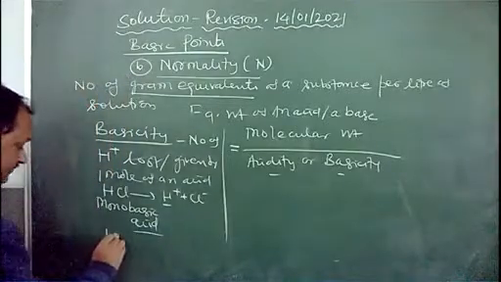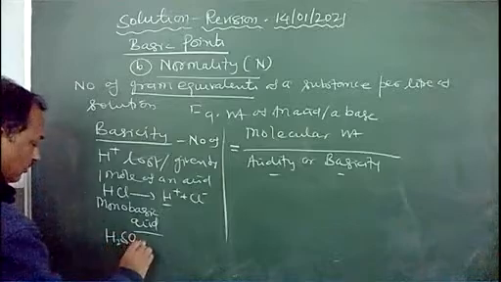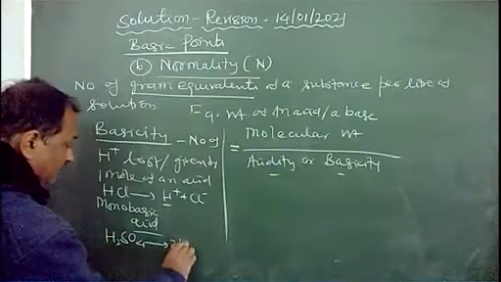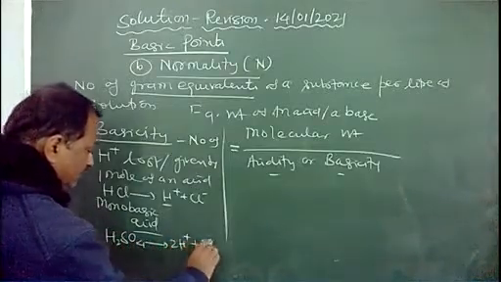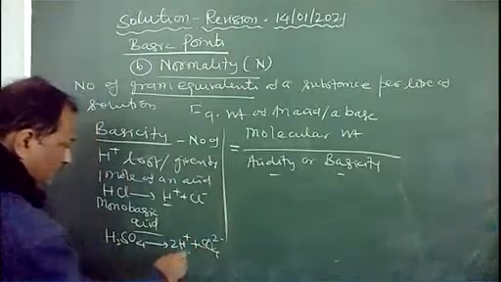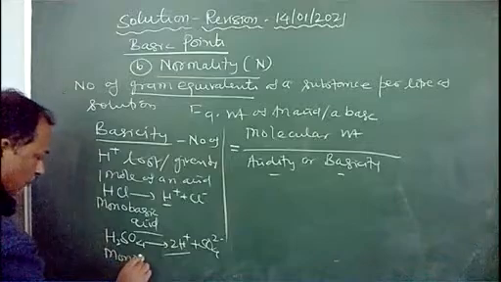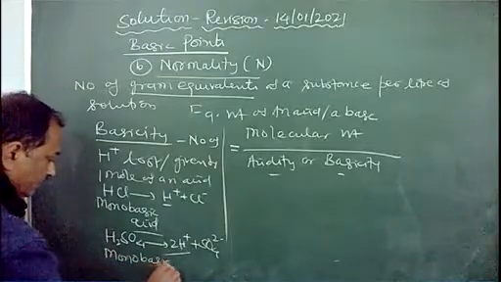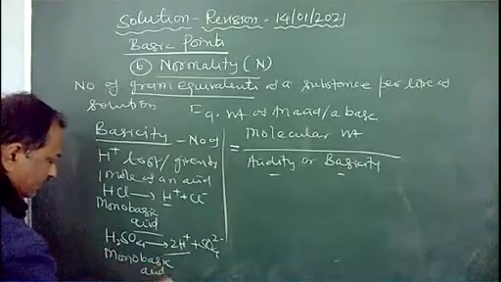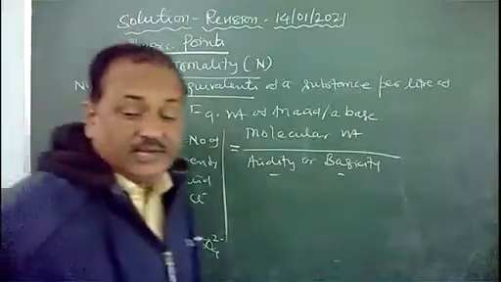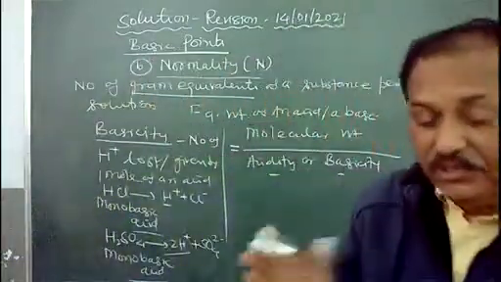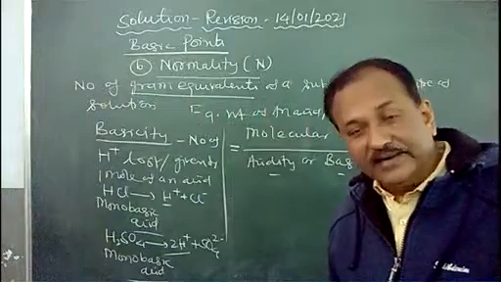Now coming to the second, H2SO4. H2SO4 will give 2H+ ions plus sulfate ion. So it is 2 here, and sulfuric acid is called a dibasic acid. Now coming to the equivalent weight, how equivalent and molecular weights are related.